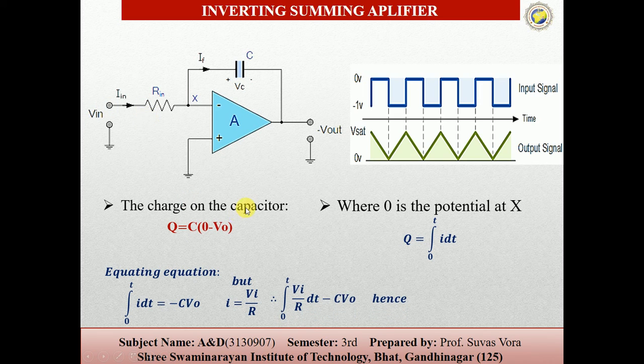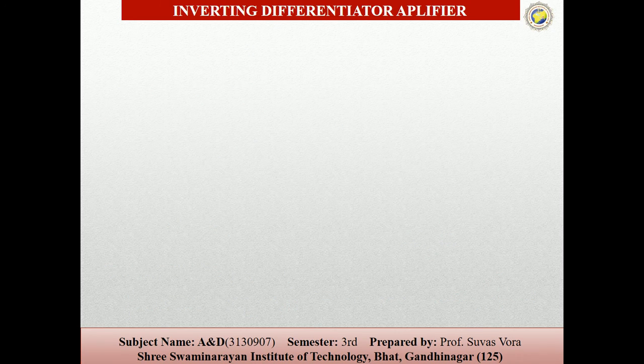So the integration of 0 to t Vi upon R dt equal to minus CV0, hence our final equation V0 equal to minus 1 upon CR into the integral 0 to t of Vi dt. So we see the output voltage is the integral of the input voltage and hence the circuit functions as an integrator, and you can see the waveform of the amplifier.